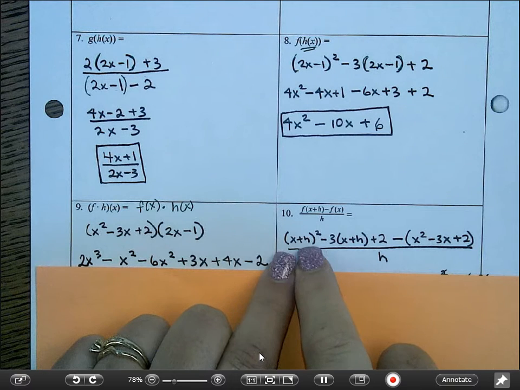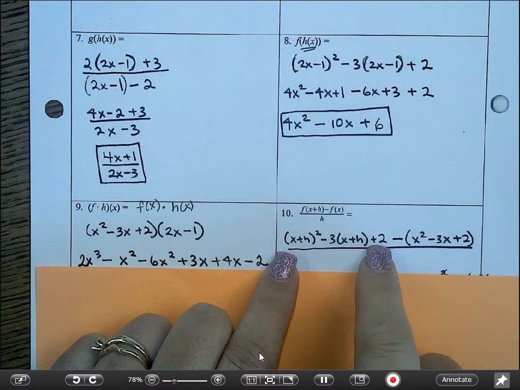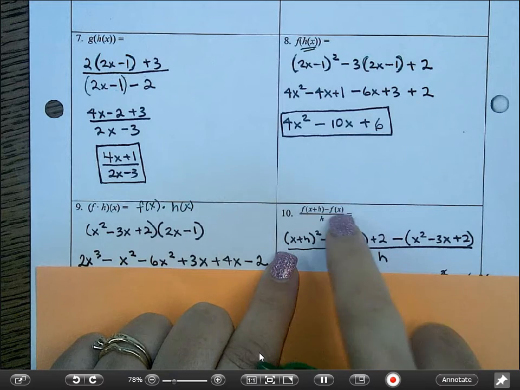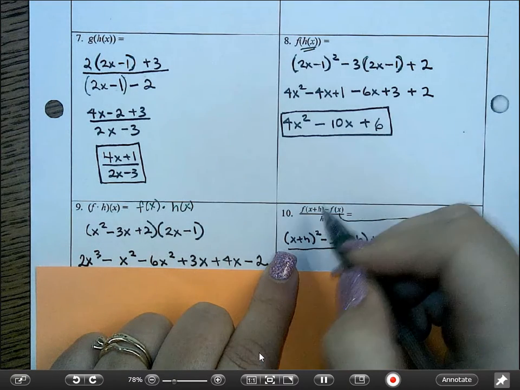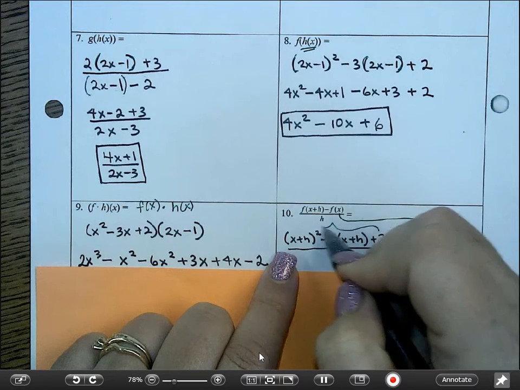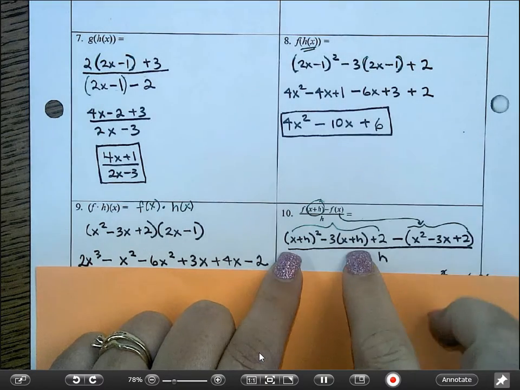So again, the f function is x squared minus 3x plus 2 minus your f function. So your f function is here, and this is your f of x plus h that goes here.